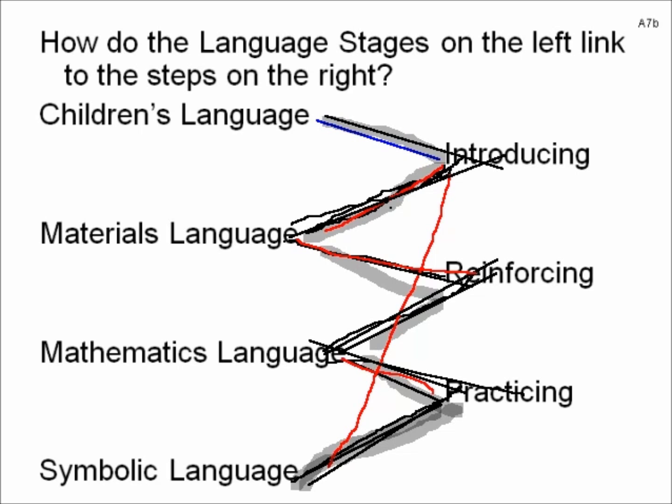Some of the activities have a little bit of symbolic language in them there. I think in general, if we just take out that red one that's down there, the introducing activities linked to the children's language and the materials language, the reinforcing activities linked to materials and mathematics language, the practicing activities tend to link mostly to symbolic language.